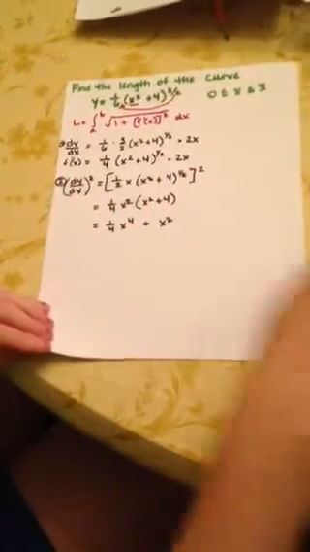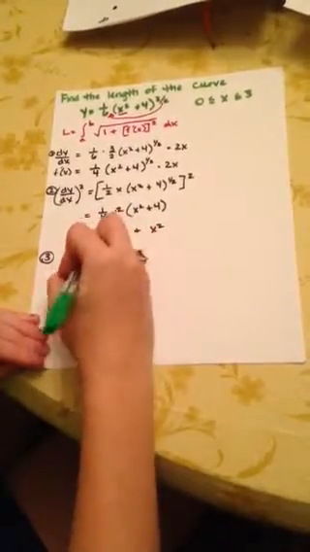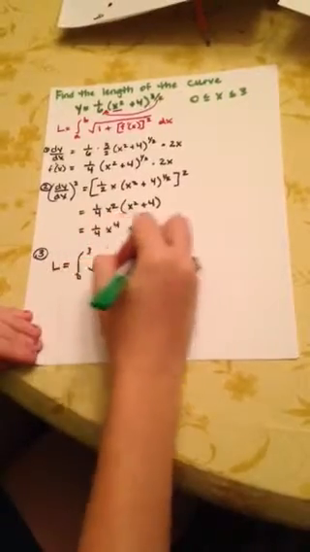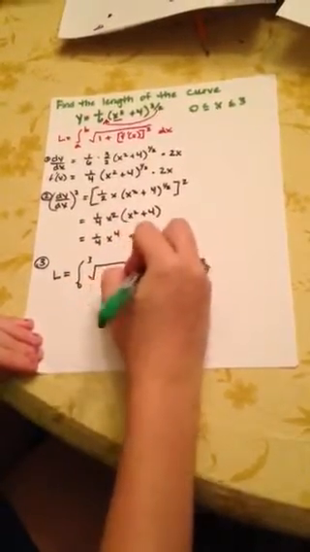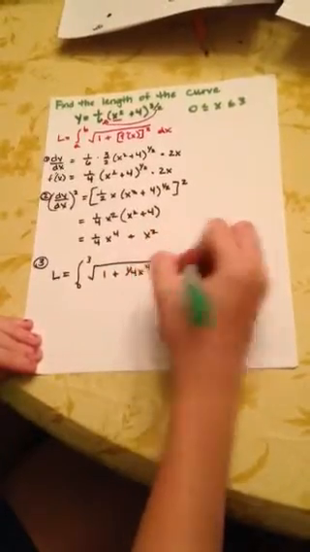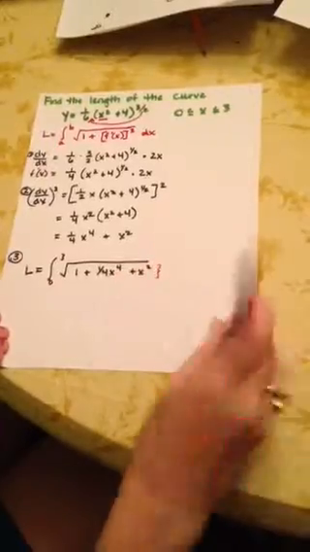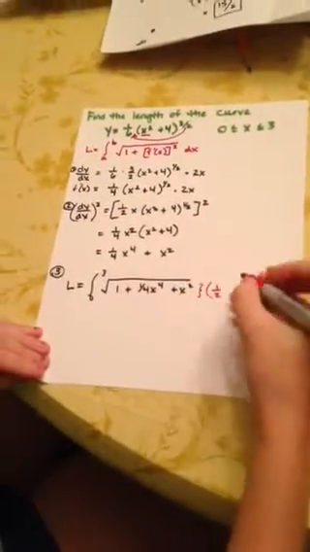Alright, let's put that in our equation. We have L equals the integral from 0 to 3 of the square root of 1 plus 1/4 x to the 4th plus x squared.